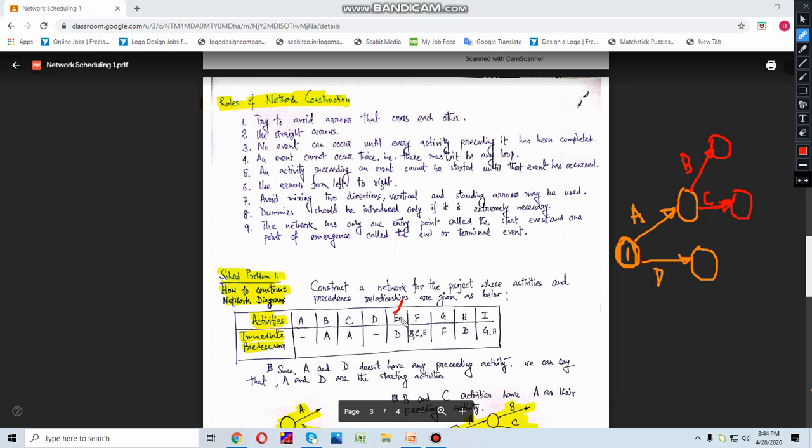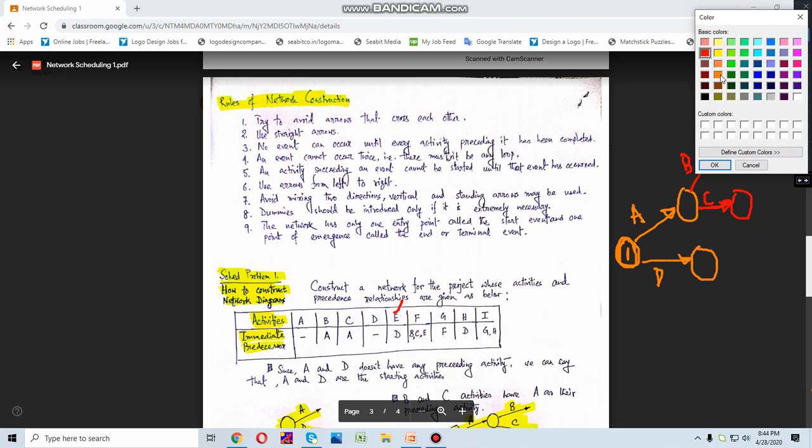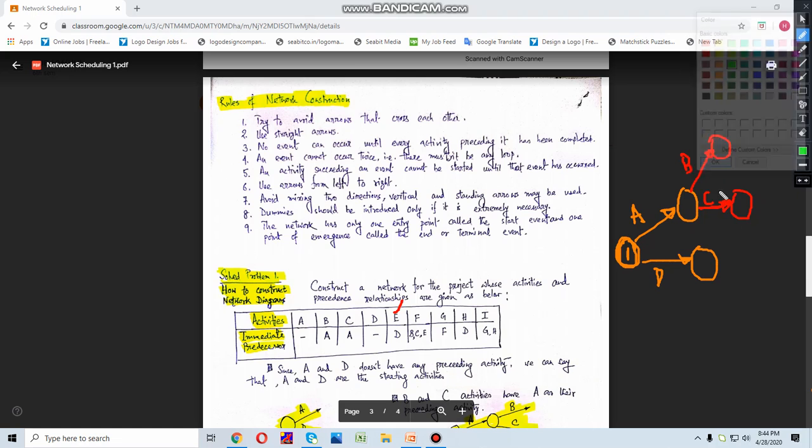Now here E. E has the immediate predecessor as D. That means this E has to be generated from this D. Now see, let us come on to this activity.